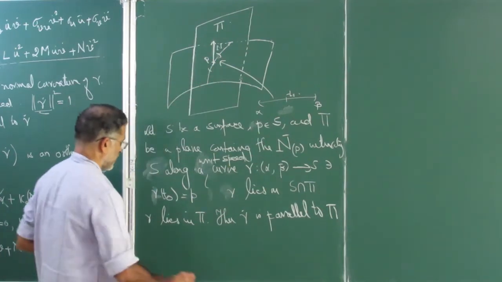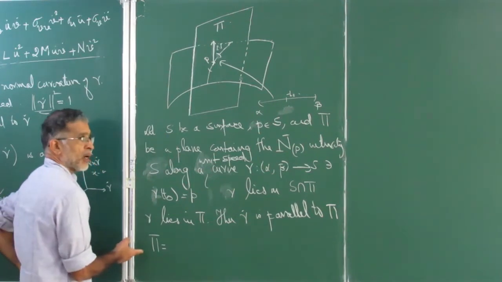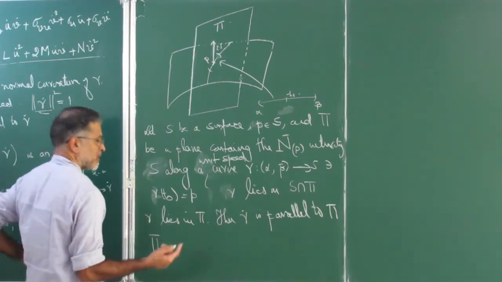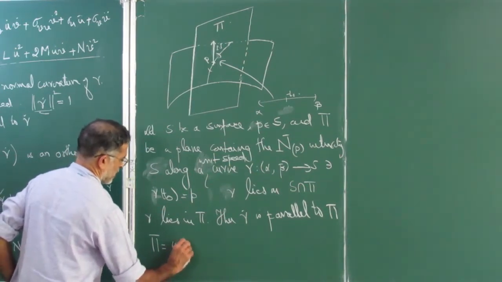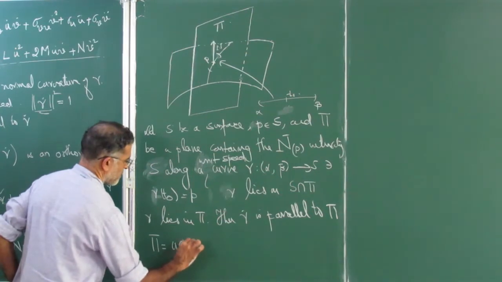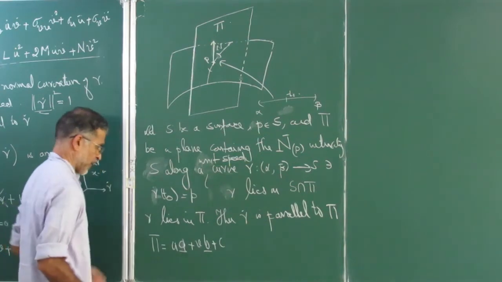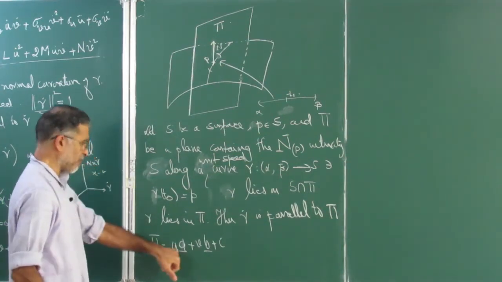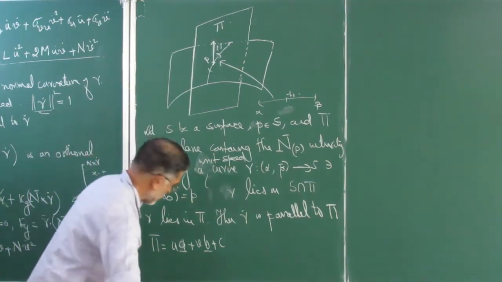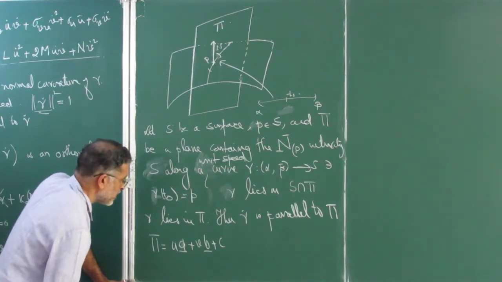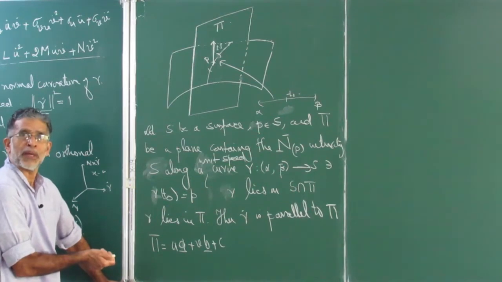the vector equation of your plane pi, you must have seen this earlier. If your pi is ua plus vb plus c, if that is the equation, and if gamma lies on this, then what will happen to gamma dot? Gamma dot will certainly be parallel to this plane.